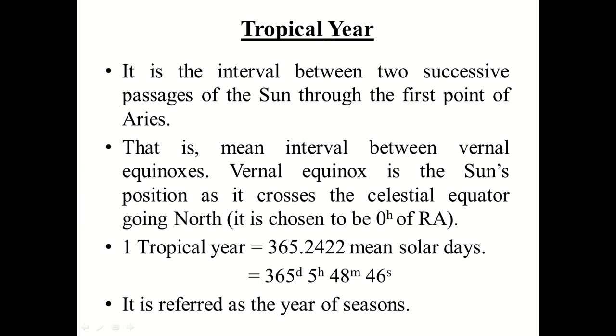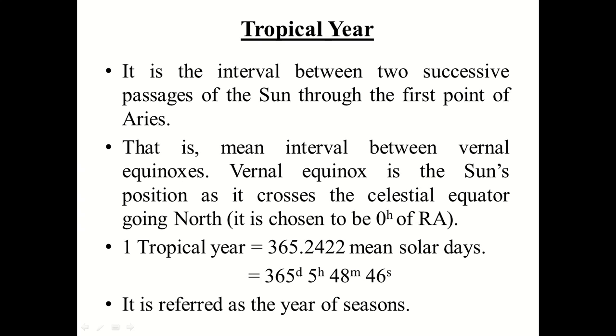That means the entire 360 degrees has been divided into 12 portions of 30 degrees each, and these symbols represent some particular signs, and they are mainly used by astrologers.